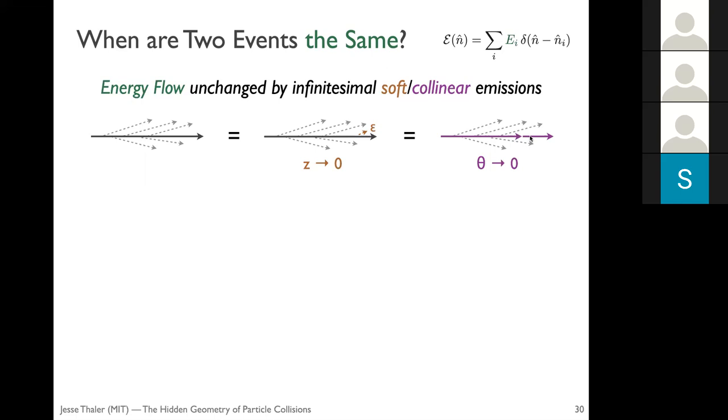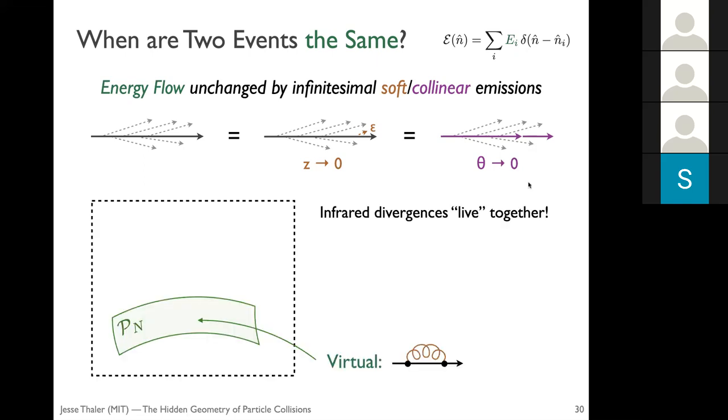But ordinarily, when we're talking about Lorentz invariant n-body phase space, it's annoying because when I have a soft or collinear emission, I basically have to work with a higher dimensional Lorentz invariant n-body phase space. But if you think about this energy flow space, infrared divergences end up living together. Why is that? Well, I have some process that gives me n particles, and I look at a virtual loop diagram. Virtual divergences live on that n-particle manifold. You can imagine this as being like the Born phase space, and a virtual diagram still lives in that same Born phase space.